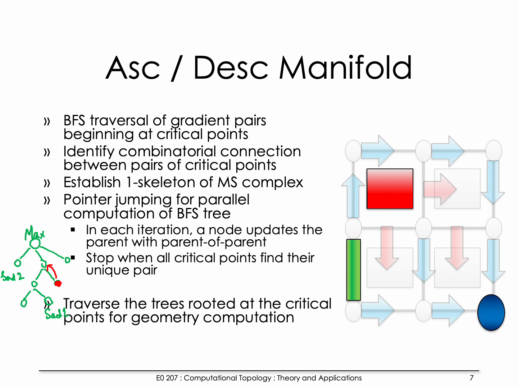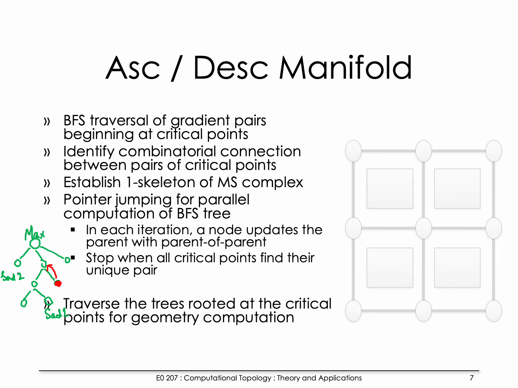If you start extracting the ascending and the descending cells for every critical point, then you get the combinatorial connection. So for example, extracting the ascending manifolds of the minimum or the descending manifolds of the saddle or the descending manifolds of the maximum, we get all the blue arcs, for example.